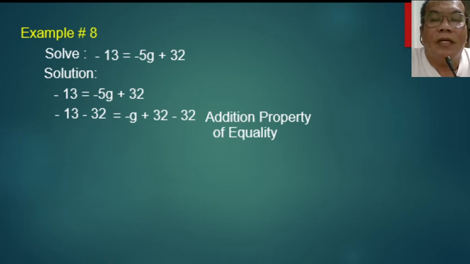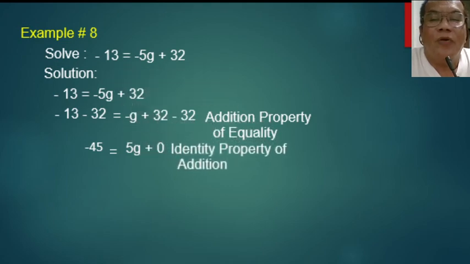So that is equal to negative 45 is equal to g plus 0. Okay, so that is the identity property of addition. The identity is 0, so you have negative 45 equals negative 5g.